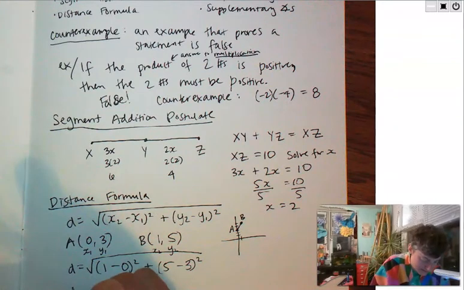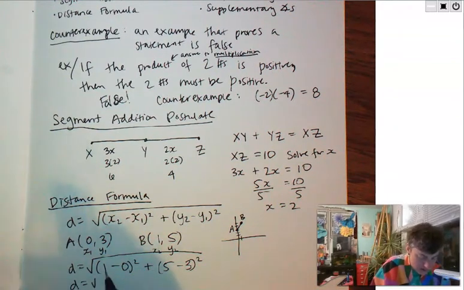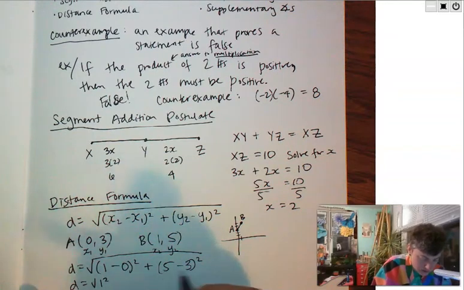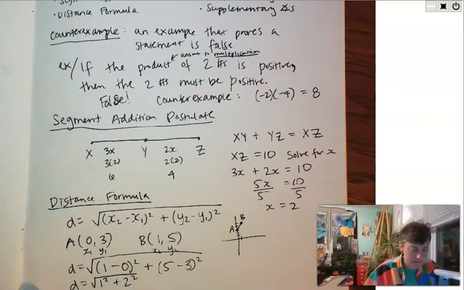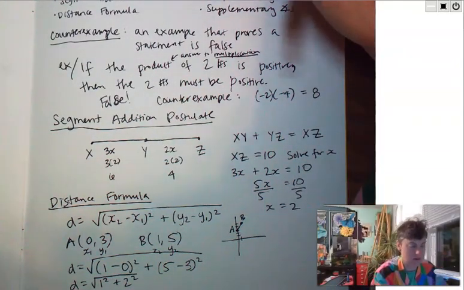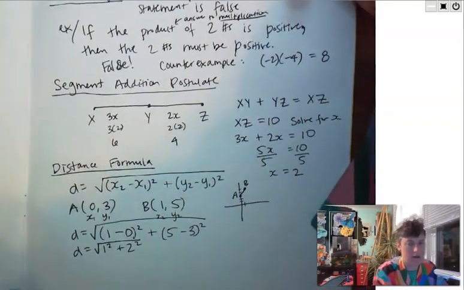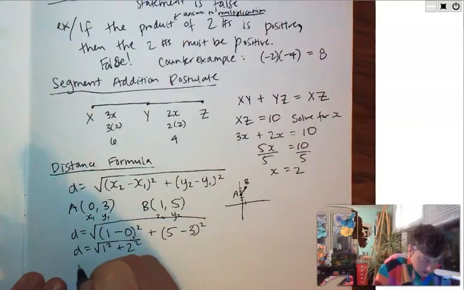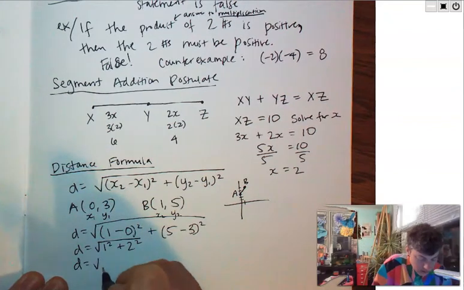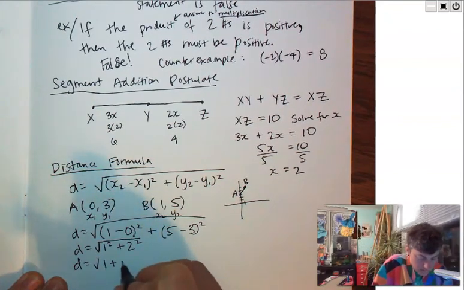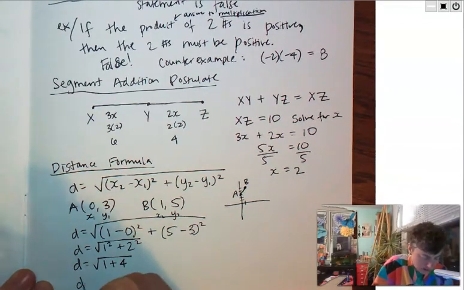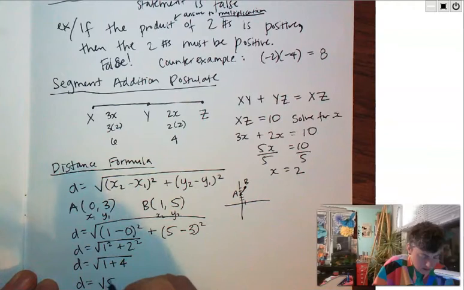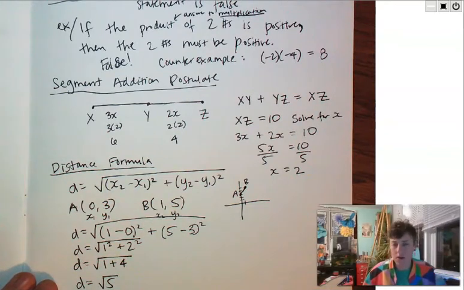Doing fine. So D equals, well, 1 minus 0 is just 1 squared. 5 minus 3 is 2 squared. We know 1 squared is 1. We know 2 squared is 4. So we add those together, and the distance between these two is the square root of 5.